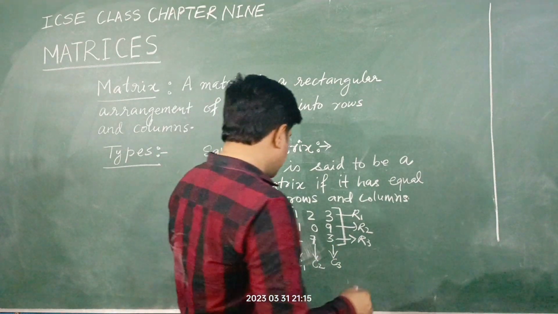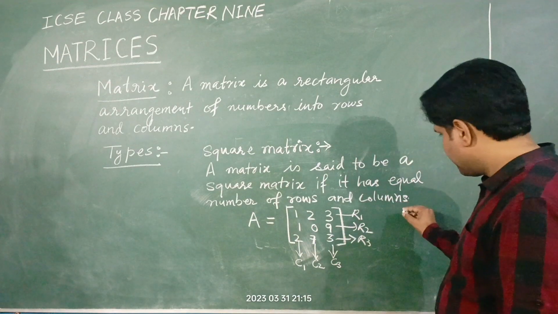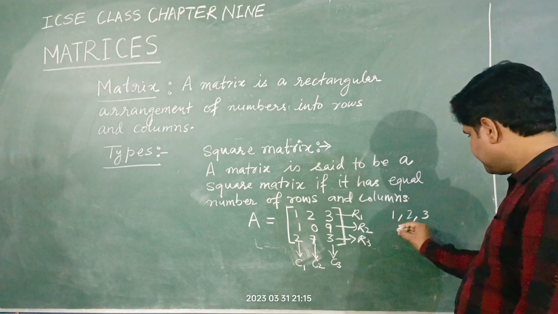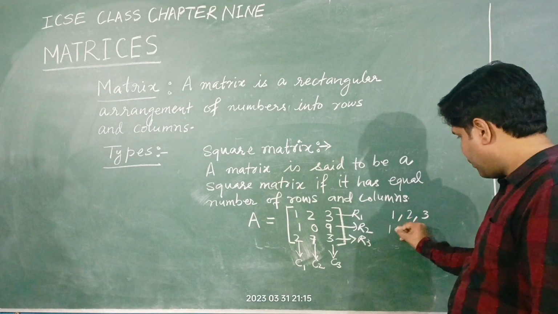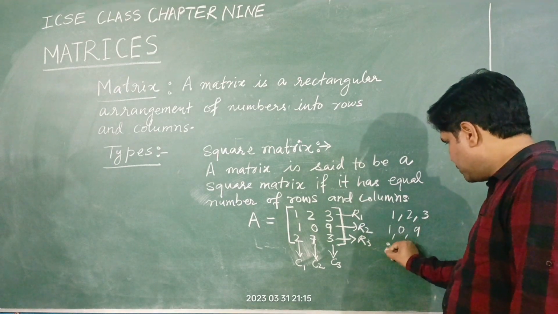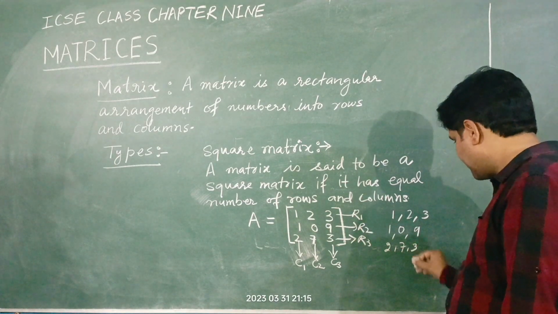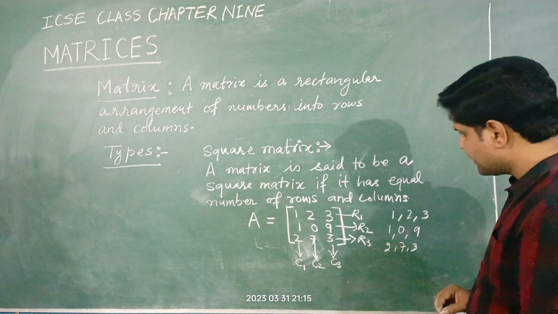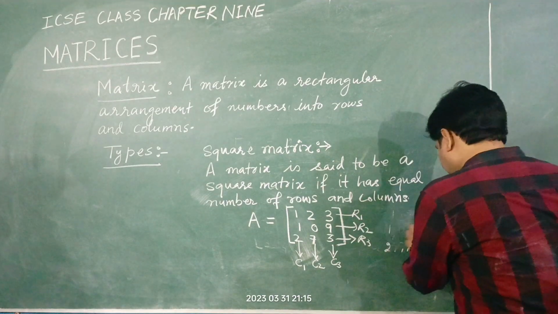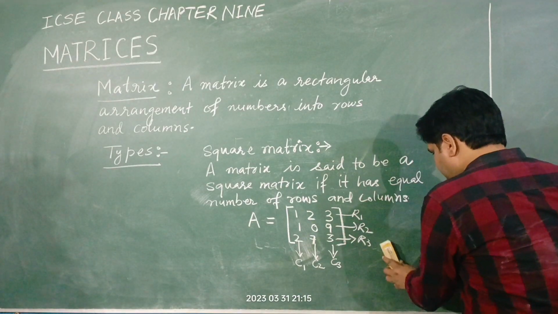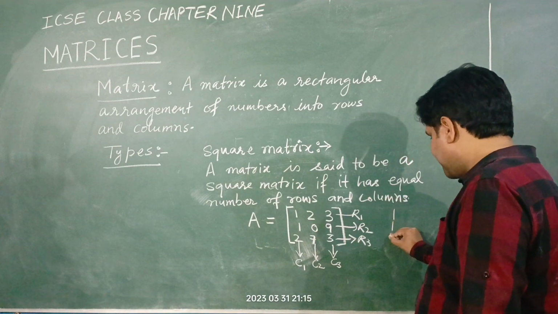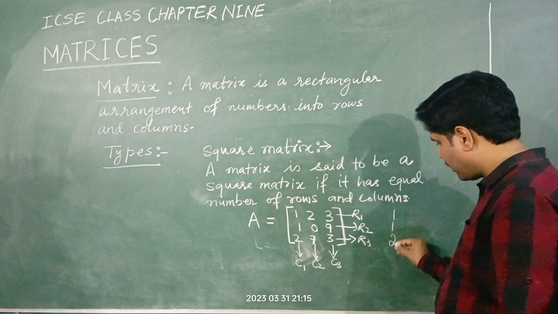If I ask you about the entries of row 1, in row 1 we have 1, 2, 3. These are the members of row 1. If I see row 2, 1, 0 and 9 are the members of row 2. 2, 7 and 3 are the members of row 3. We can also say the same thing about columns. If I write 1, 1 and 2, these are the components of column 1.